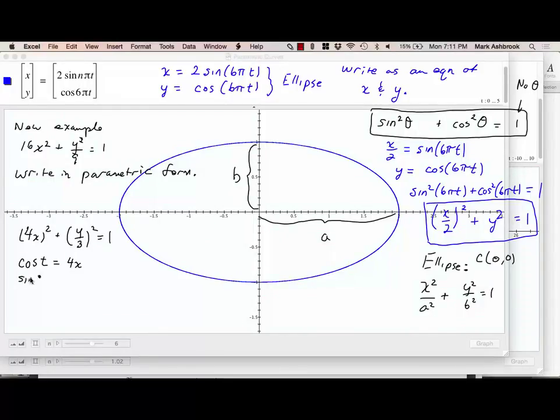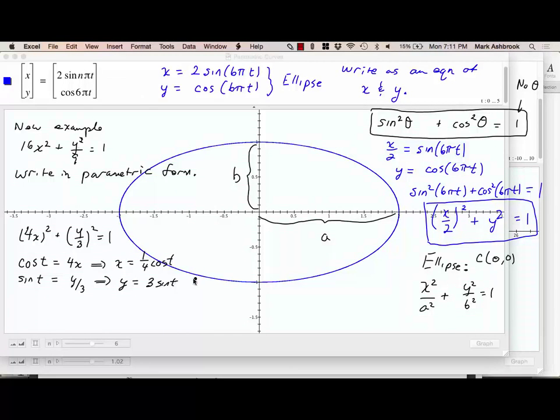Sine t equals y over 3. That is consistent with cosine squared plus sine squared equals 1. See that? That means that x equals 1/4 cosine t, and y equals 3 sine t.